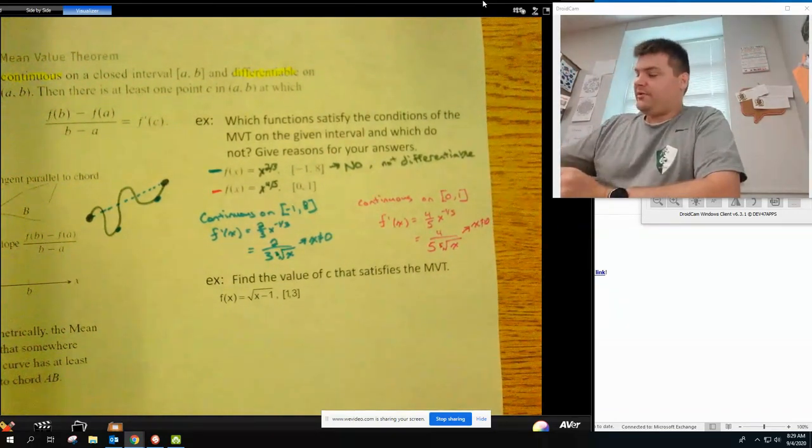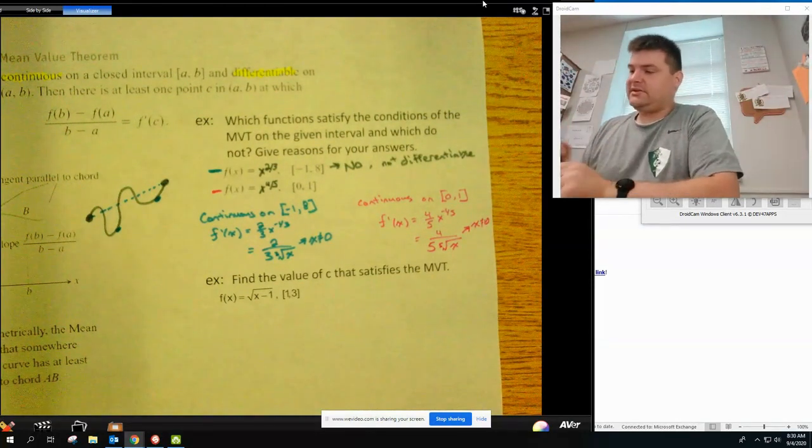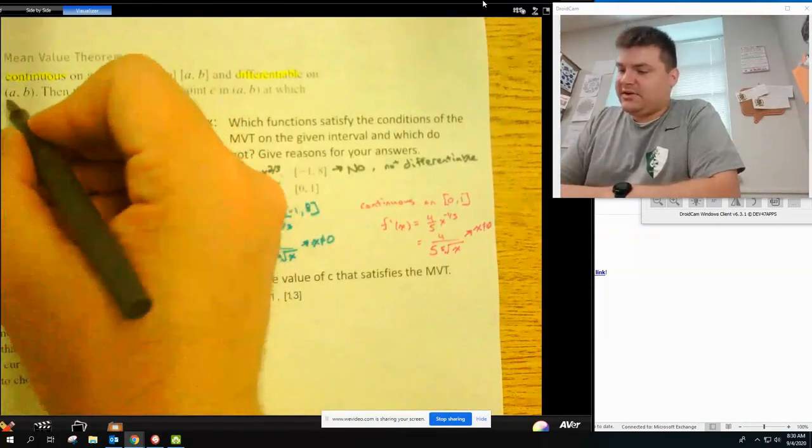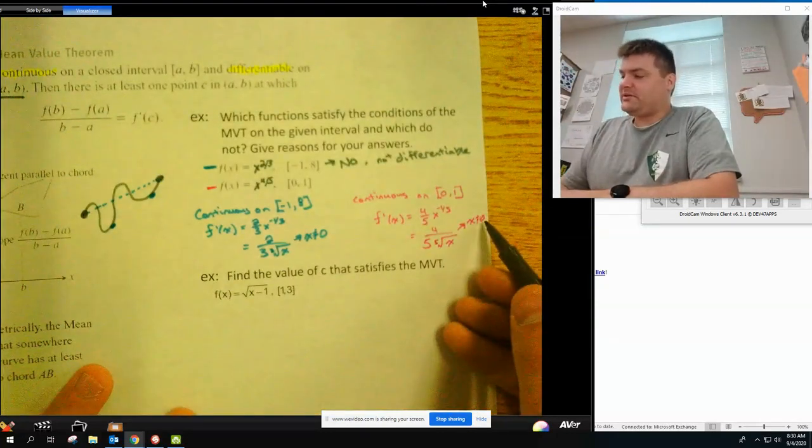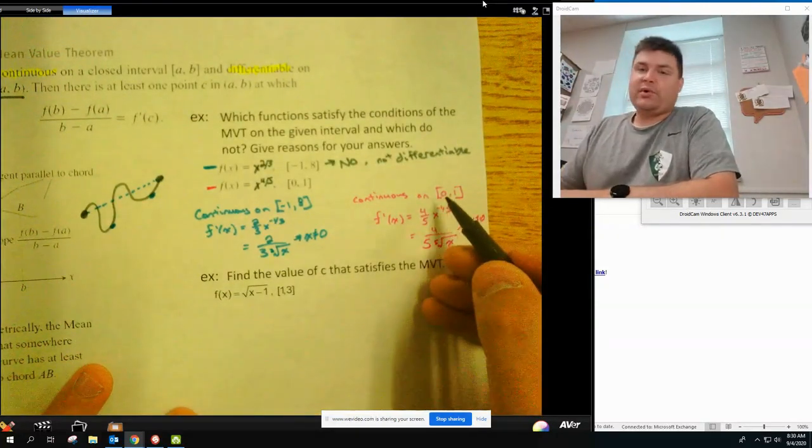If you're a little confused, let's look at this. It has to be differentiable again on the interior. This is not differentiable at 0, but 0 is an endpoint. It's not the interior.